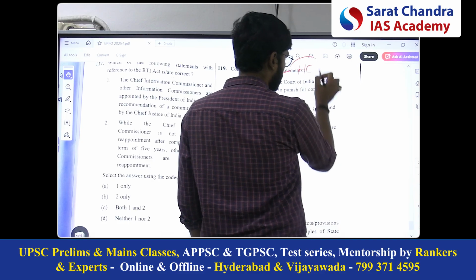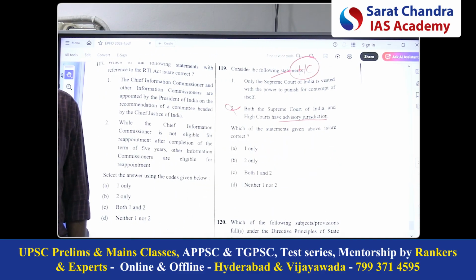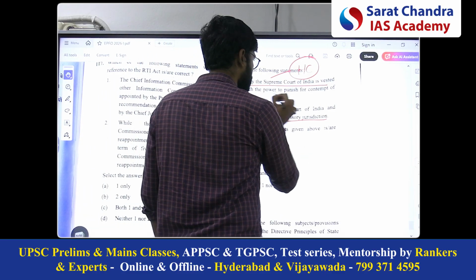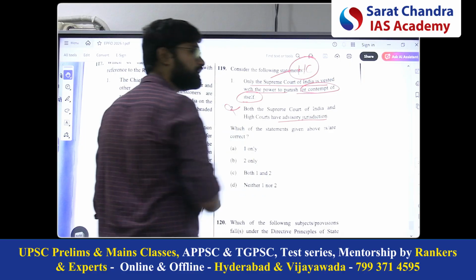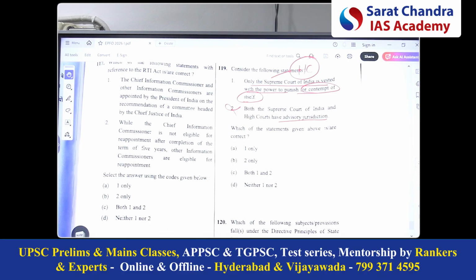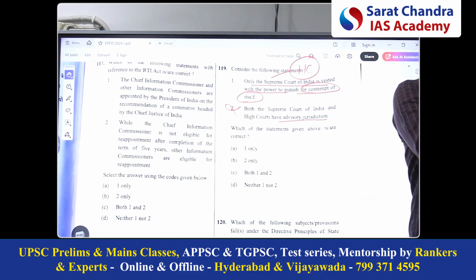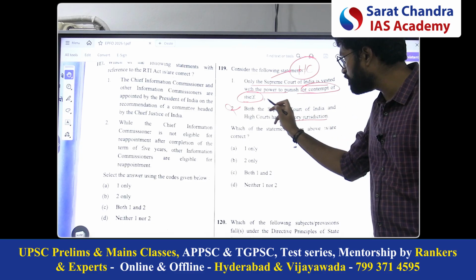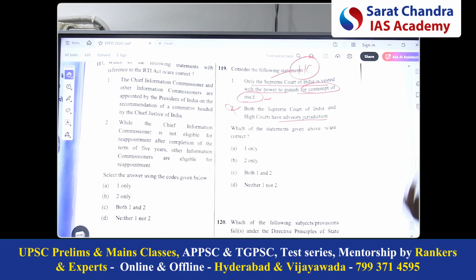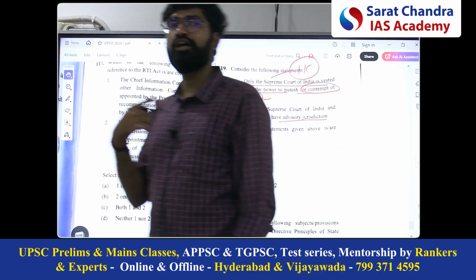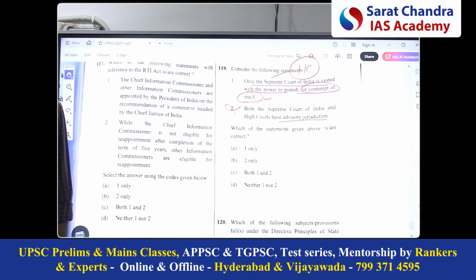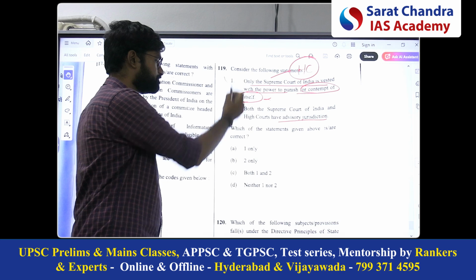High Court also has contempt powers. But here, look at the statement very carefully: only Supreme Court of India is vested with the power to punish for contempt of itself. That means it can initiate contempt of court proceedings for itself, yes. If the Supreme Court says something and it is not obeyed, it can start contempt proceedings on its own. If it is for itself, it can do it. If it were for the whole of India, without the word itself, it would be wrong. Since it says itself, it can do it only for itself, it can't do it for other things. High Courts also have contempt proceedings, they can do contempt. But for itself, only the Supreme Court can do it. So that's why this is correct.